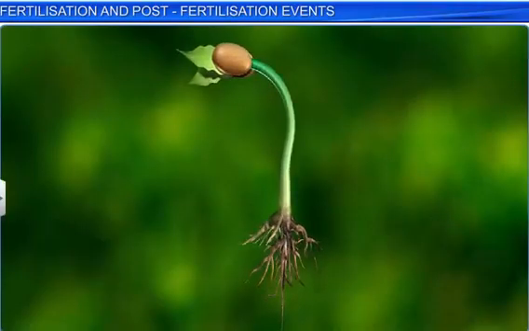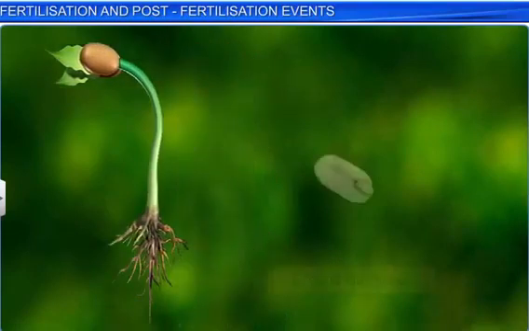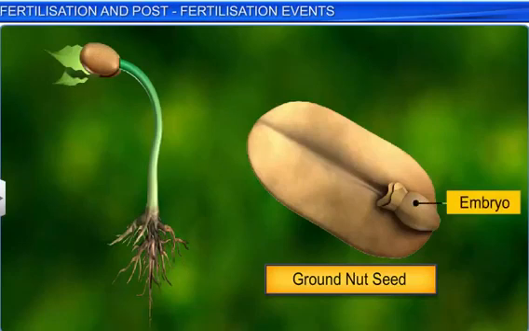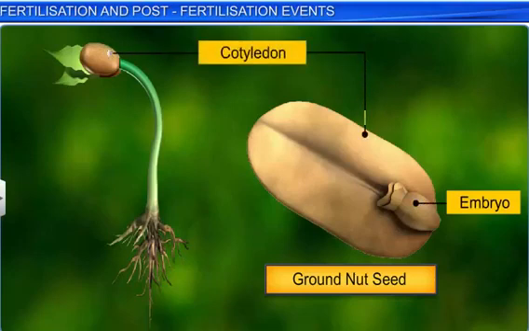In fact, in some plants, such as groundnut, that belongs to the bean family, the mature seeds lack endosperm, as it gets completely absorbed by the developing embryo. When these seeds germinate, the cotyledons or seed leaves become the source of nutrition for the embryo.